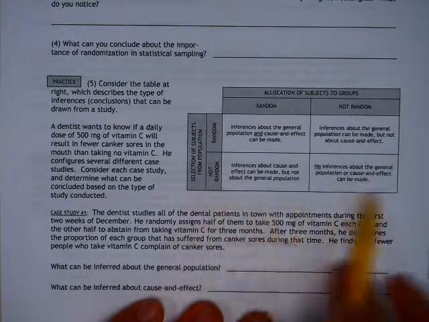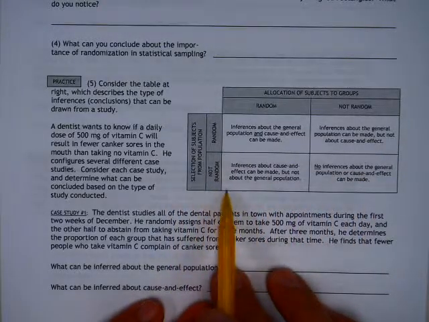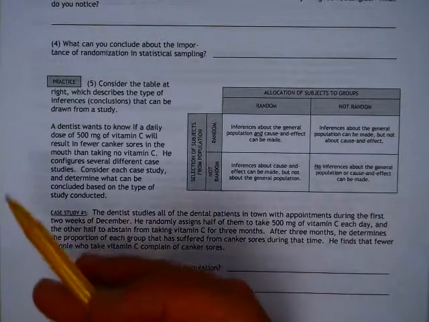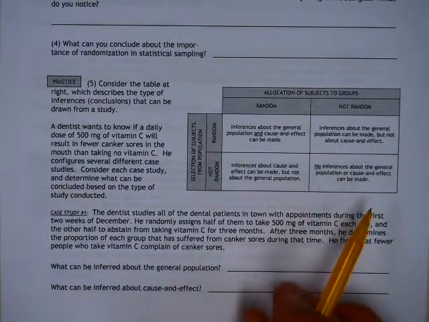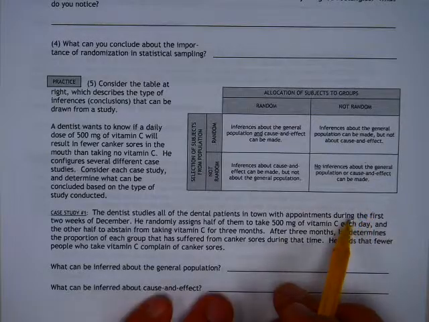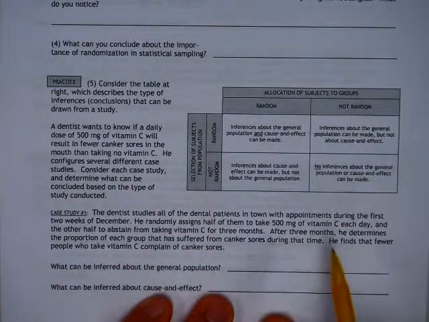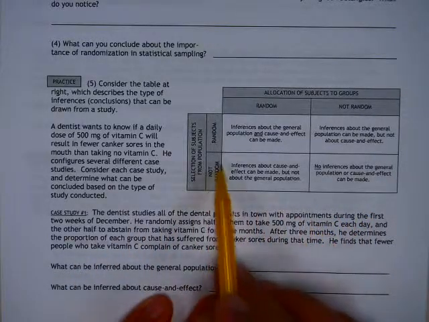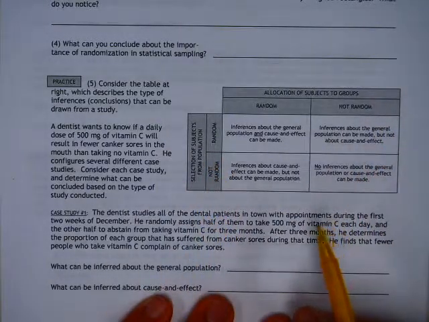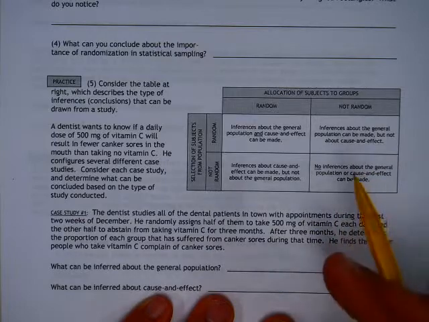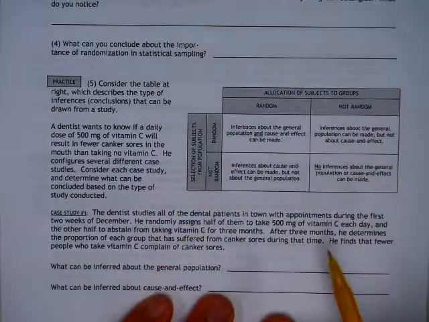These are not randomly selected people, and so we can't say, well, we've got this group of people here that has shown up in some way, shape, or form, and therefore we found this about them, therefore we're going to say it's true about the entire population. Well, you can't. If it's not randomly selected from the population, you cannot make conjectures about the population. You cannot say this is true about the entire population.